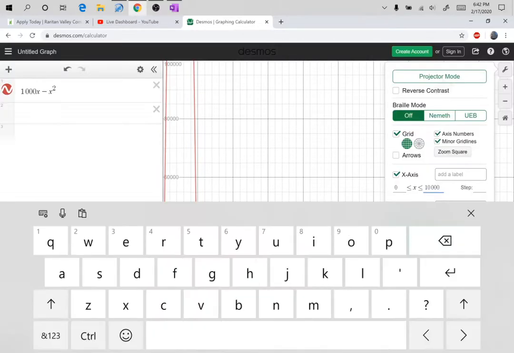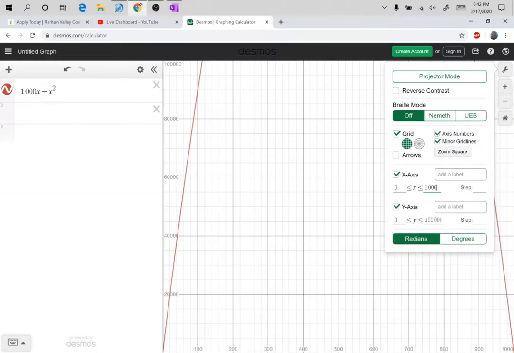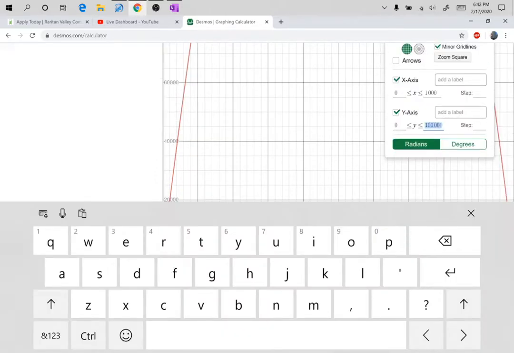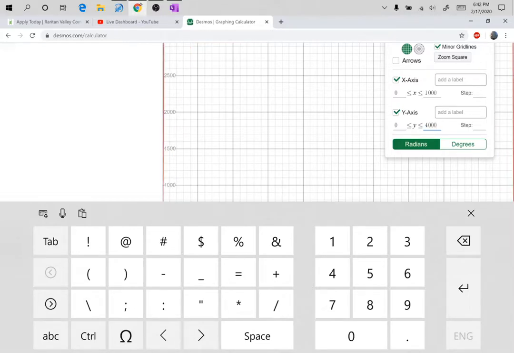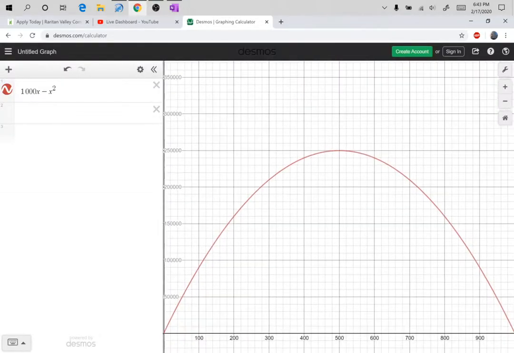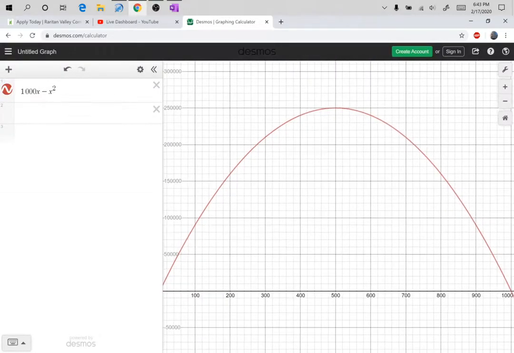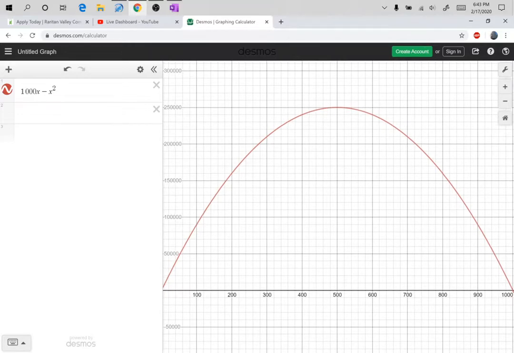Why is it changing this one? There we go. And there's the graph. So now we know that there is a maximum point here, which is at 500.